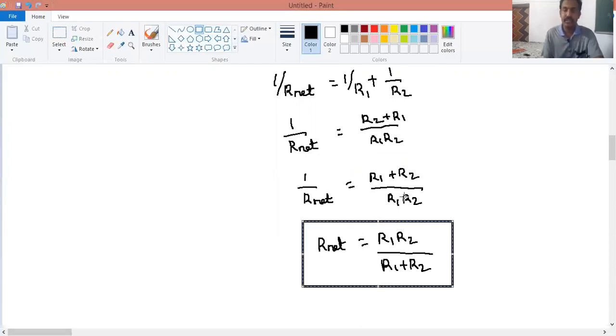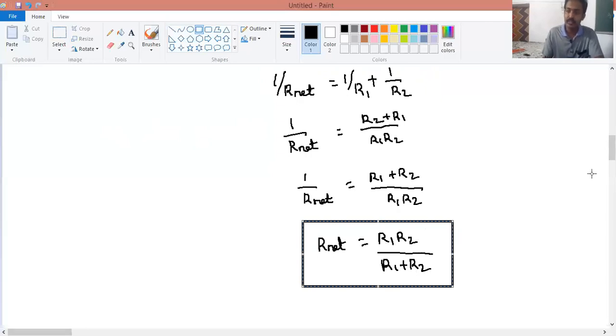So these are the things we have discussed. Up to now I have covered the formula for series connection, the formula for parallel connection, and if two resistors are connected in parallel, R net is equal to R1 R2 by R1 plus R2.